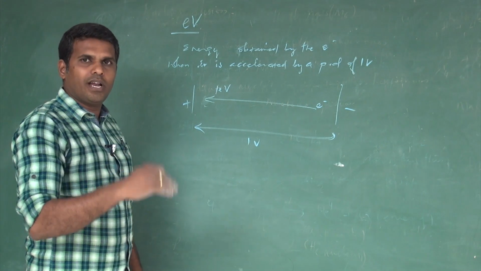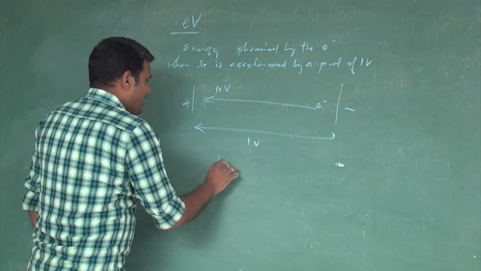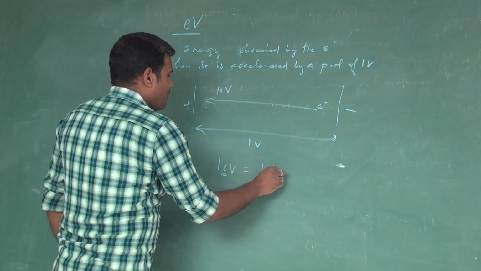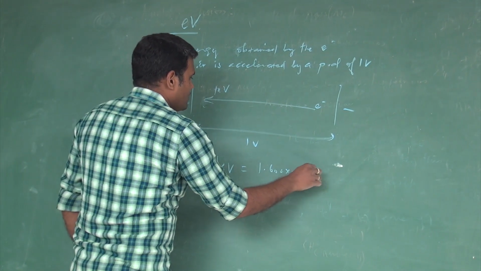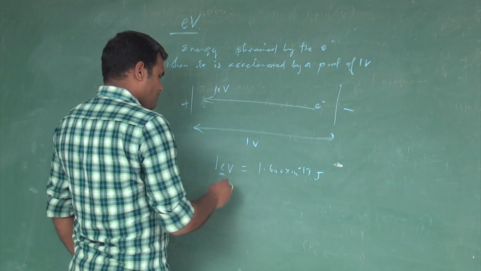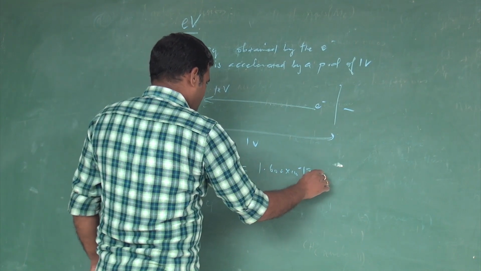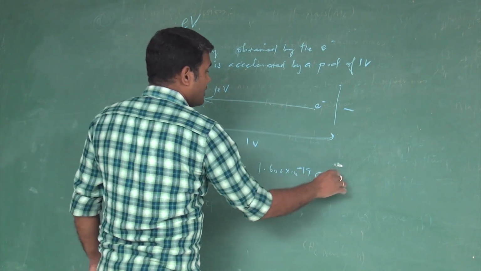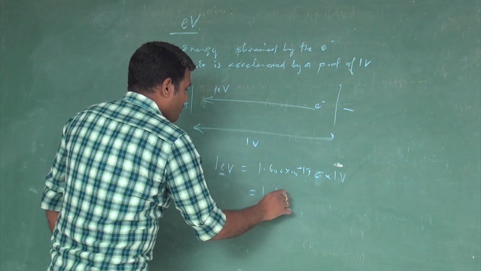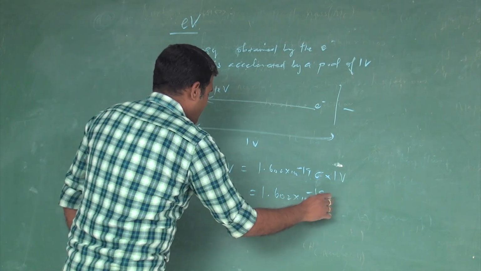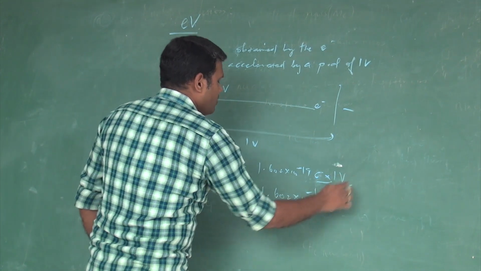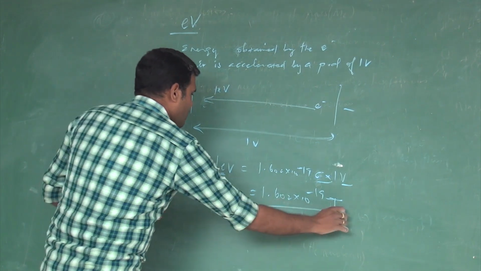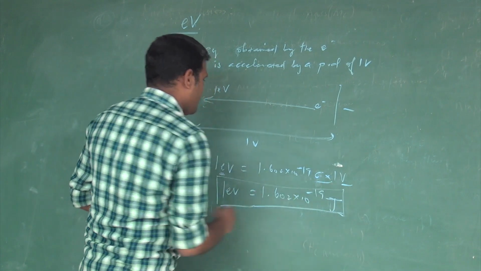What is the equivalence between 1 electron volt and 1 joule? 1 electron volt is equal to e, the electronic charge, which is 1.602 × 10^-19 coulomb, times the potential with which this electron is accelerated, 1 volt. So this is 1.602 × 10^-19 joule, since 1 coulomb times 1 volt is equivalent to 1 joule. So 1 electron volt is equal to 1.602 × 10^-19 joule.